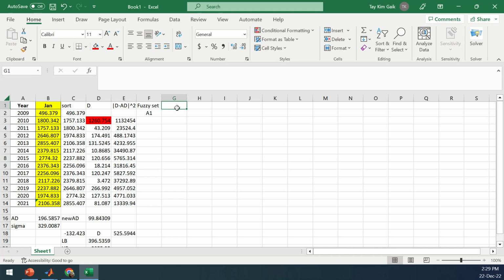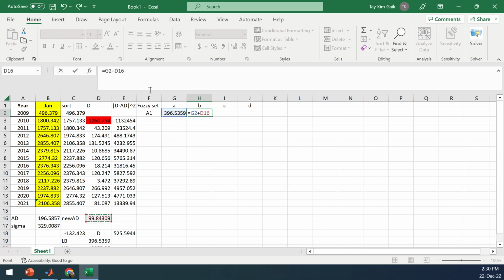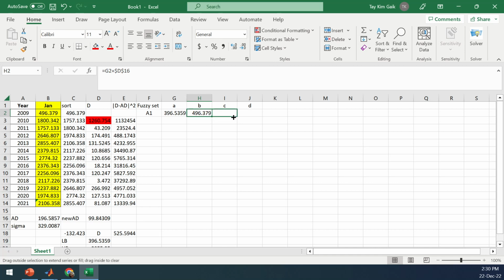I'm going to use a trapezoidal fuzzy set, so you have the 4 values A, B, C, D. The first value A will be equal to the lower bound, and the next value B is A plus the new average distance, and then C will be B plus the new average distance. D is C plus the new average distance.